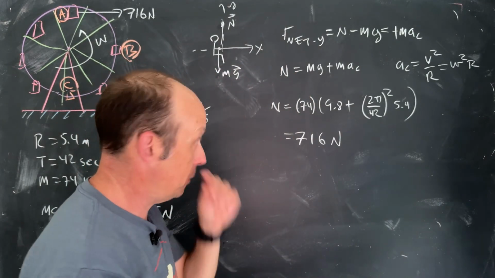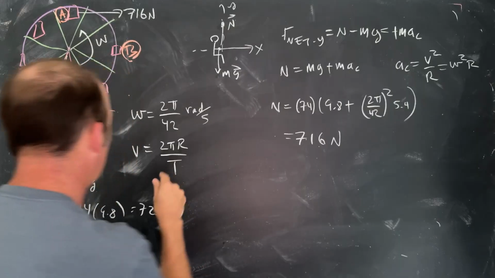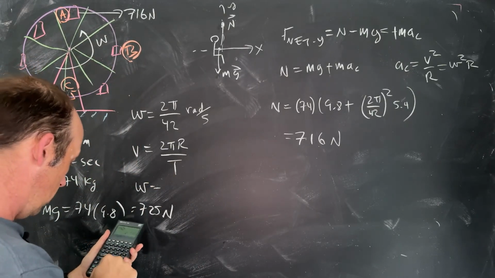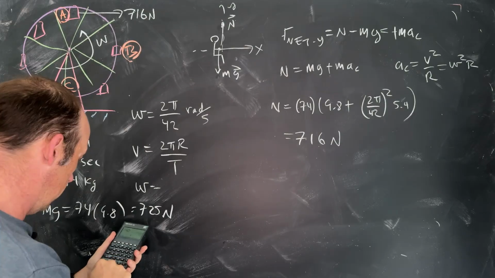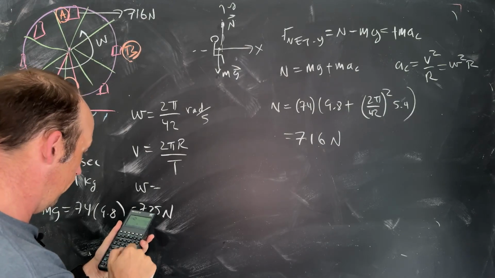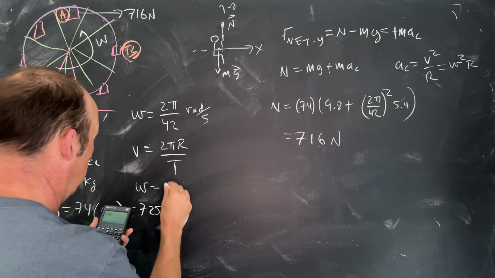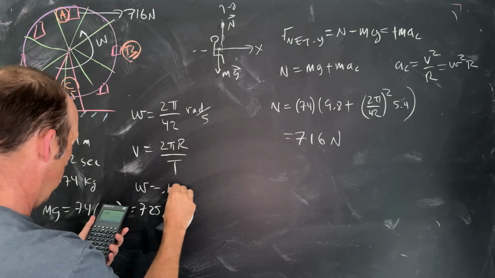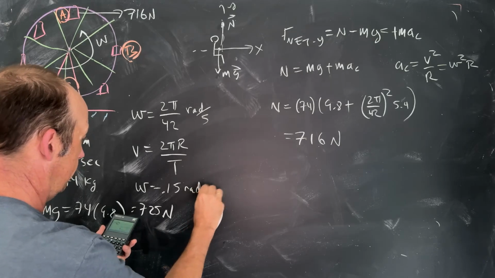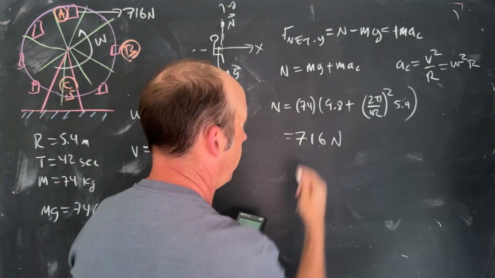Let's get a value for omega. Omega is 2 times pi divided by 42. I get 0.15 radians per second. Okay. So over here I can put in all this stuff.